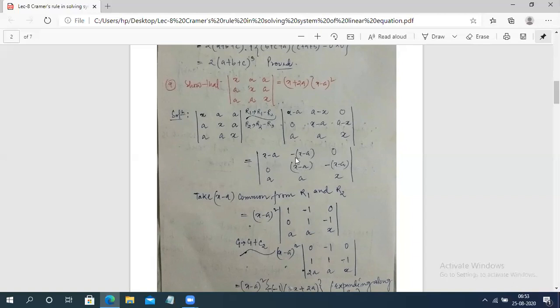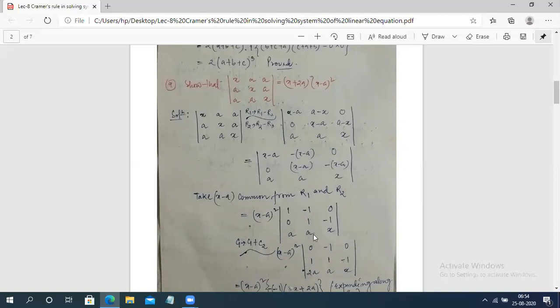So after taking x minus a common from R1 and R2, we will have (x minus a) whole square, one from R1 and another from R2. So the remaining terms are 1 minus 1 0, 0 1 minus 1 and a a x. You cannot take a common from the third row because there is a and it is x.